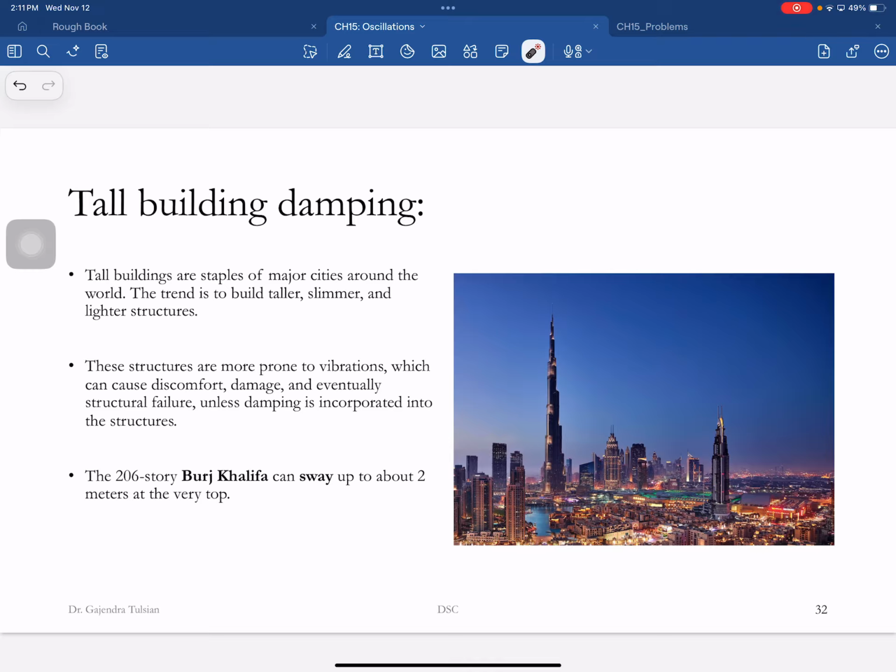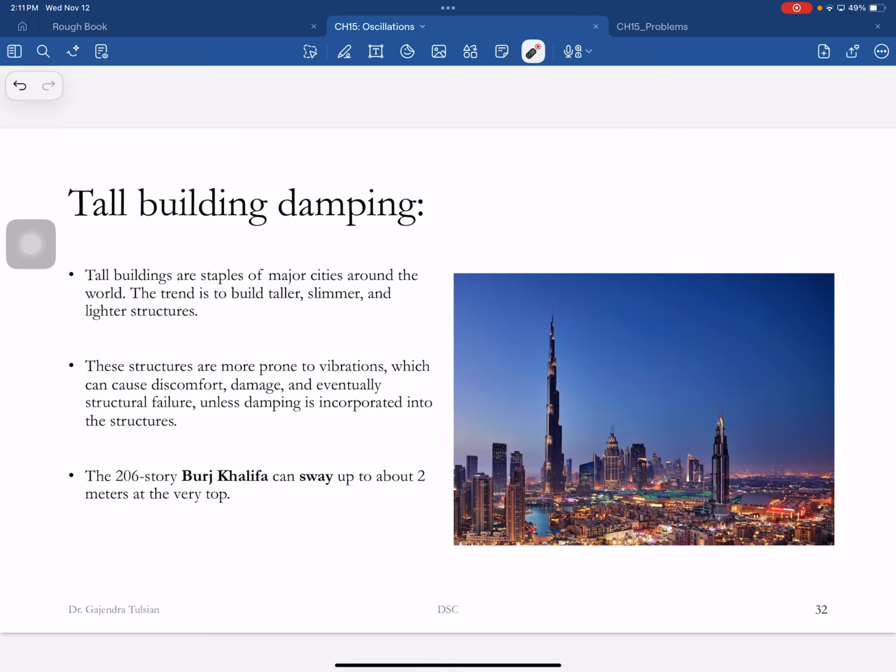You want to build it so that the windows don't pop out. You want to pay millions of dollars of rent and feel nauseated? No, right? You don't want your hot coffee spilling on your lap, do you? So you have to make sure that you have enough dampers.